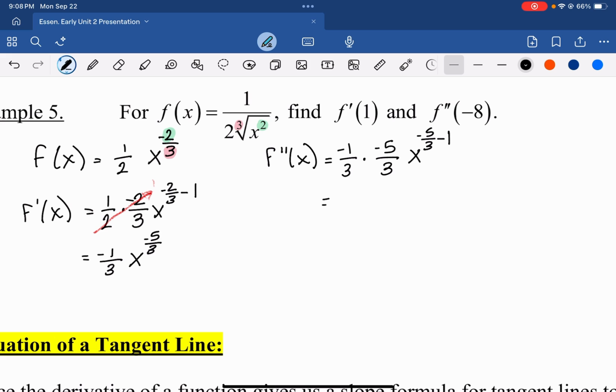I'm going to simplify this time. I'm just going to multiply negative 1 times negative 5 and get a positive 5. 3 times 3 is 9. So we get 5/9. Next, my x to the negative 5/3 minus 1, really minusing 3 over 3. So I get x to the negative 8/3. I'll write that f double prime again.